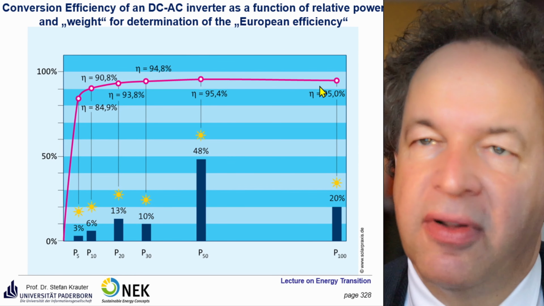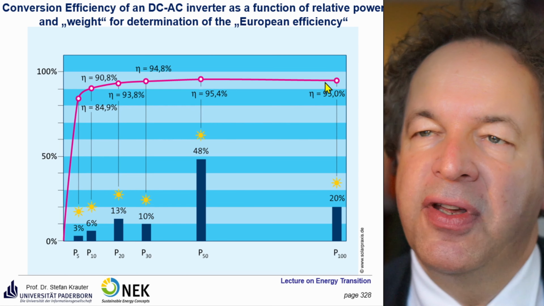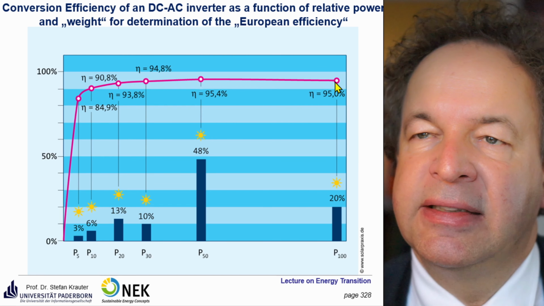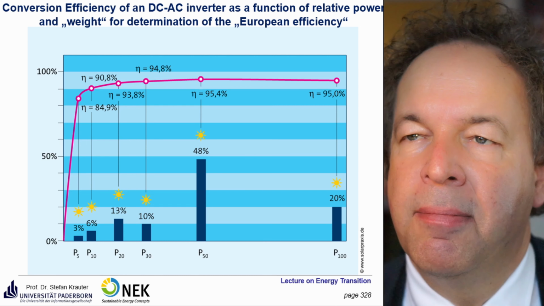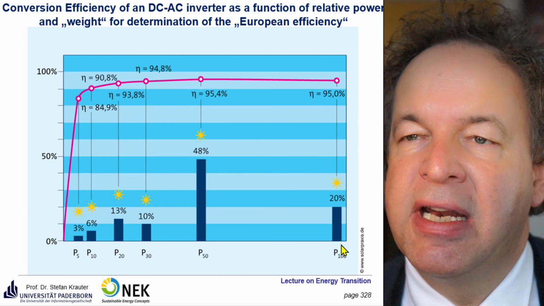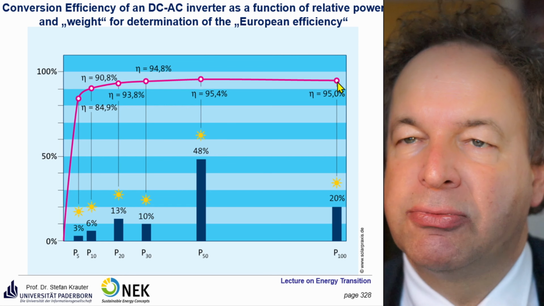This is an example for the European efficiency of an inverter. You have here in red the efficiency curve. Instead of taking one value only, you take a weighted mix of all the values. The weighting is 20% for the maximum power output.